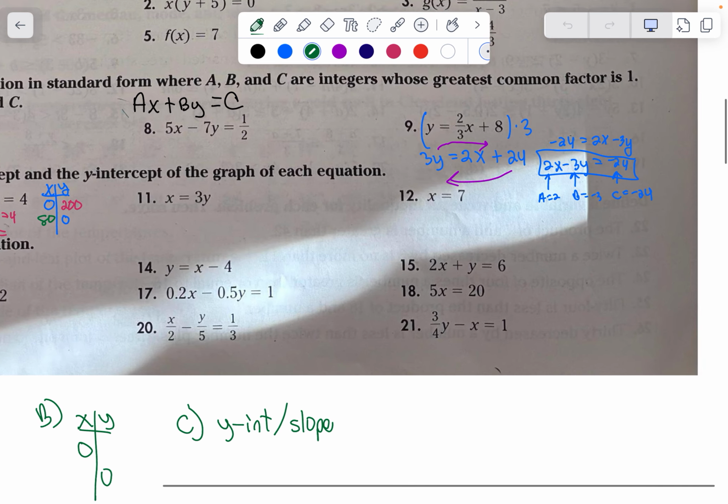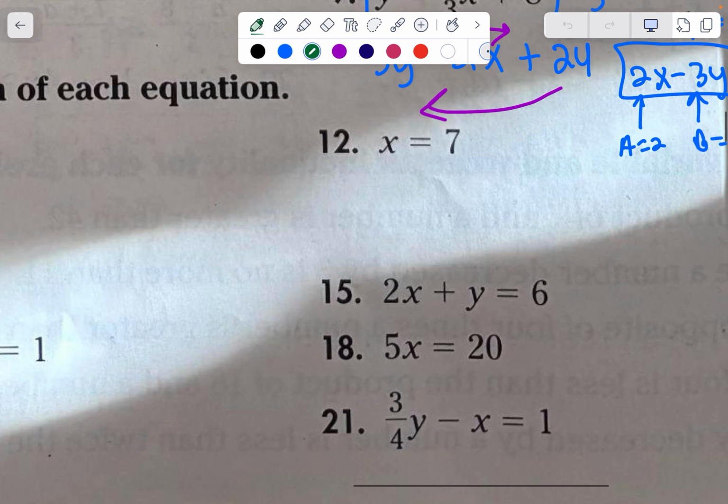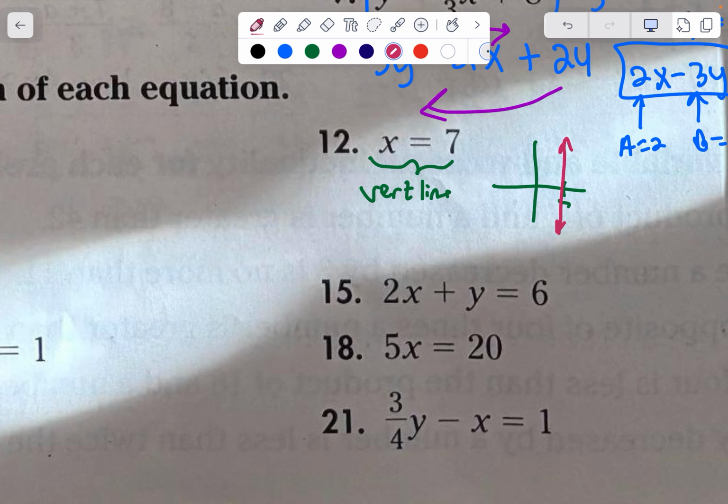I'm glad you asked about that one, because in the notes somewhere, I think, you should have learned that this is a vertical line. So if we think about what this looks like, at 7, it's just a line through there. So the x-intercept is given, x is 7.